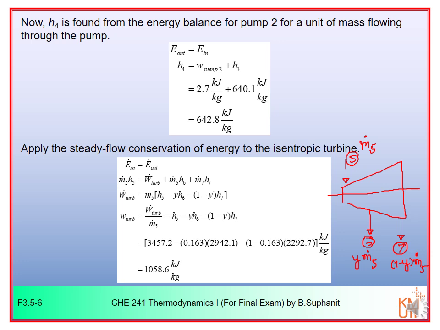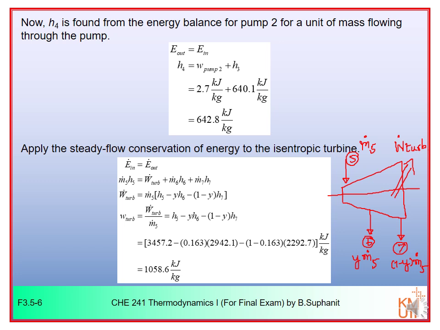Okay, we can do the energy balance. Energy flowing in will be equal to energy flowing out. We also have another energy flowing out, that is the turbine work, W turbine. So we can write the energy balance.